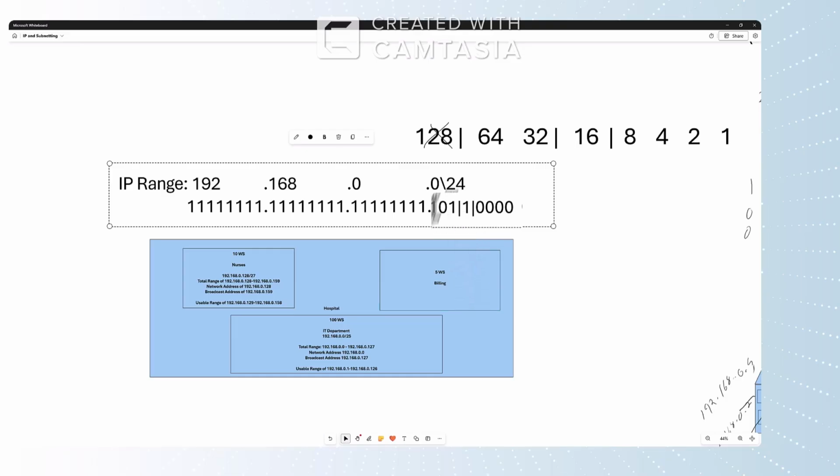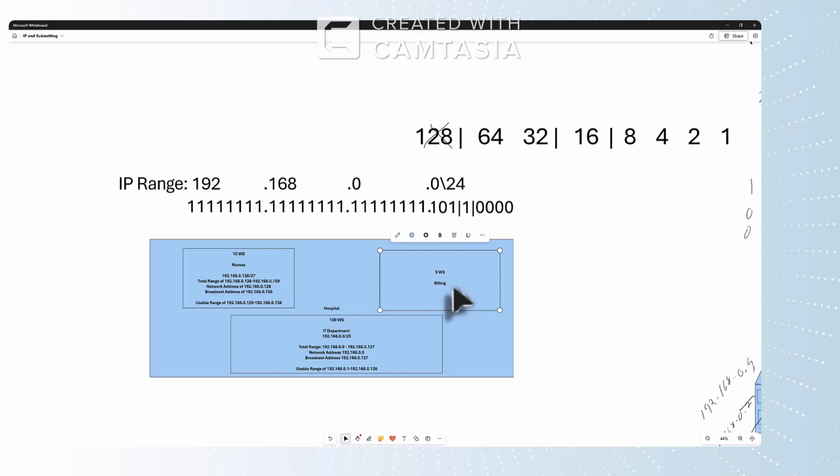So now we want to find what the subnet is. So we go 1, 2, 3, 4 spots. So that's going to be a slash 25, 26, 27, 28. So we'll go ahead and add that down here. Remember, we're going to start where our subnet left off.